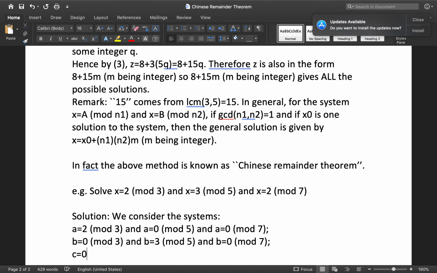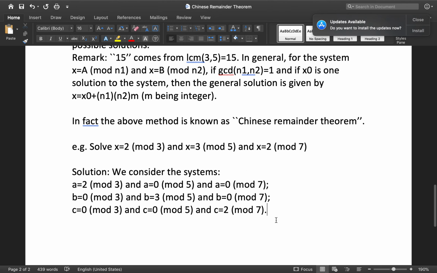Now the final one is for c. Okay, so we got the three systems, and the key in constructing these three systems is that you keep one of the equations.